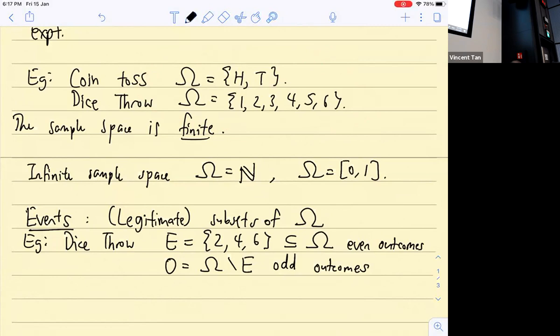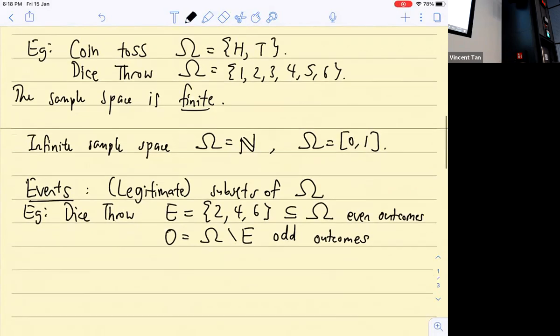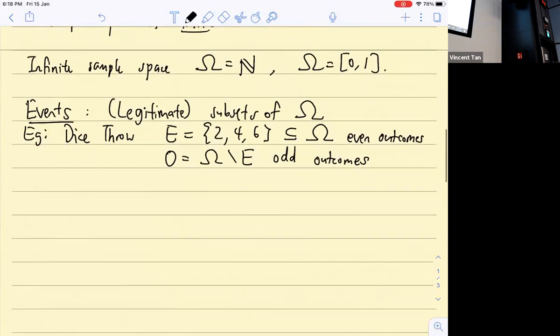But for more complicated infinite sample spaces, there are many intricacies that we will not have time to talk about. This belongs to a math class. But what we will need to talk about are some properties of events that make them legitimate. Let me make this precise.